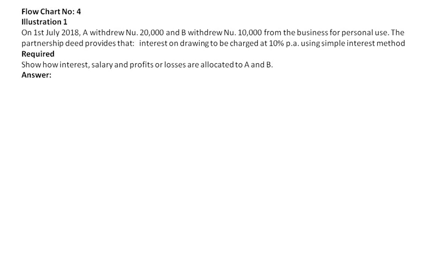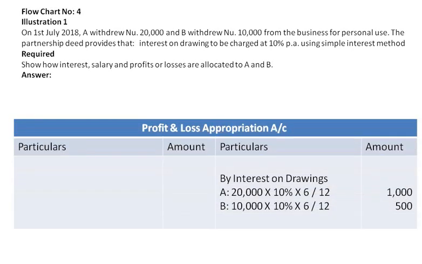The deed is allowing to collect interest from the partner. How will it affect the profit and loss appropriation account? If business collects interest, is it expenses or income? That is income. Income is entered on credit side. Okay, now we will see the answer.